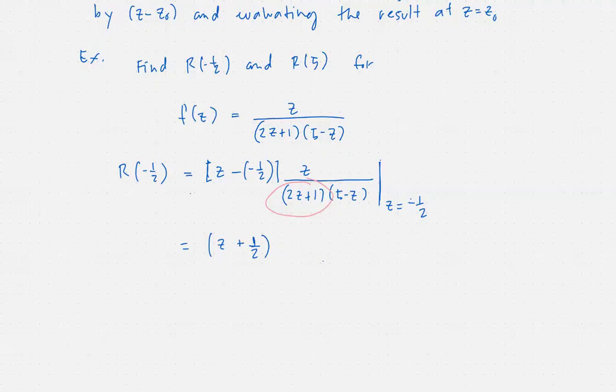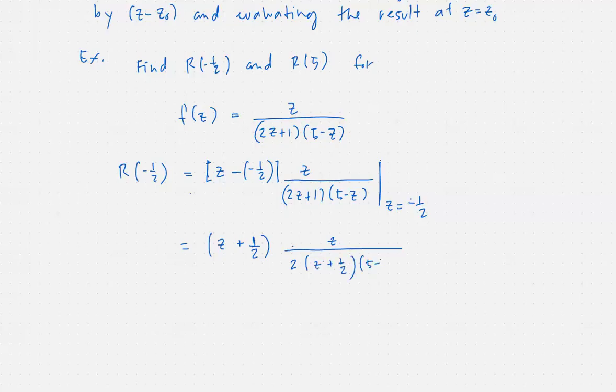We can factor out 2, so we have z over 2 times z plus 1/2 times 5 minus z, evaluated at z equals negative 1/2.